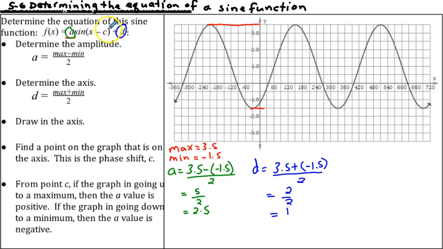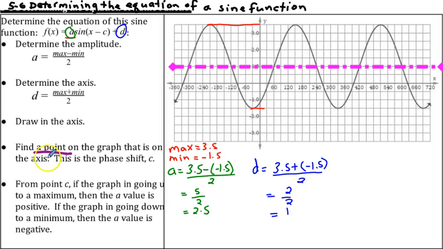Now to figure out the C value, what you have to do is draw in the axis. So take your ruler and draw in your axis here at 1. And then what you're going to do is find a point, and any point, because there's multiple points that could exist on this axis.